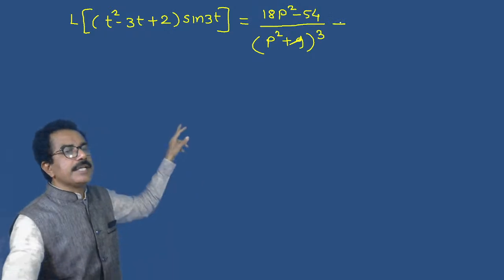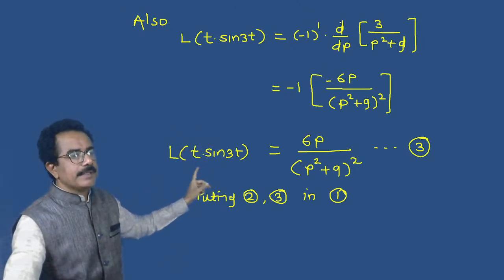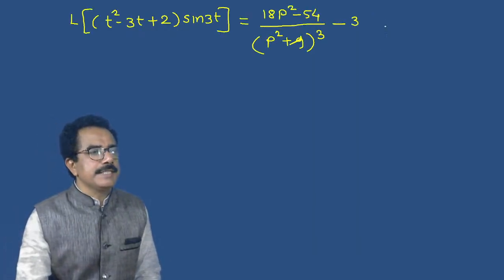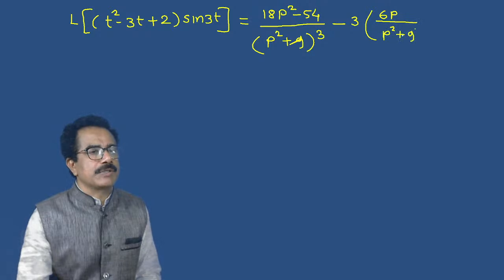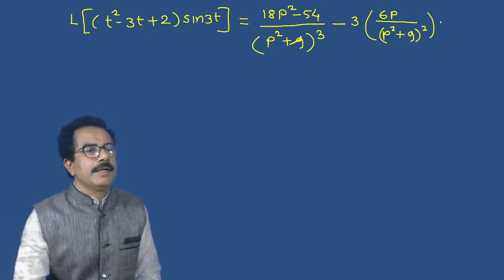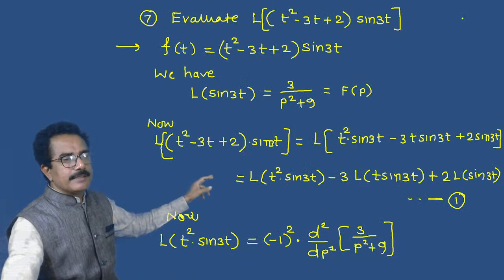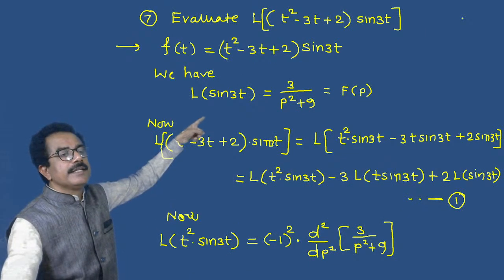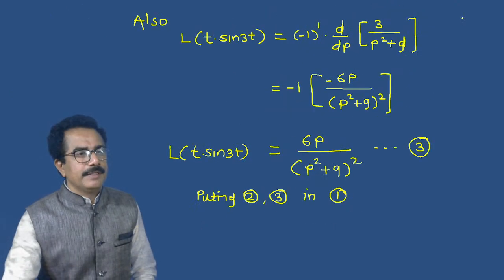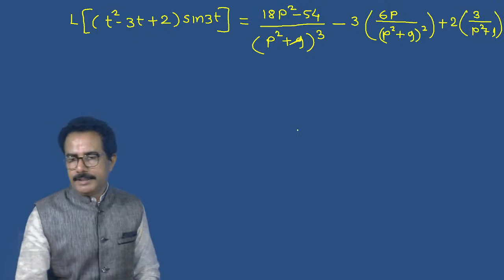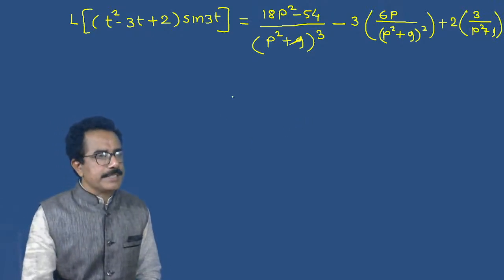Minus, second, 3 into the Laplace transformation of t sine 3t, which is 6p divided by (p square plus 9) bracket square, plus 2 into the Laplace transformation of sine 3t, which is 3 divided by p square plus 9. Is it okay? Ask me, what difficulty came, ask.